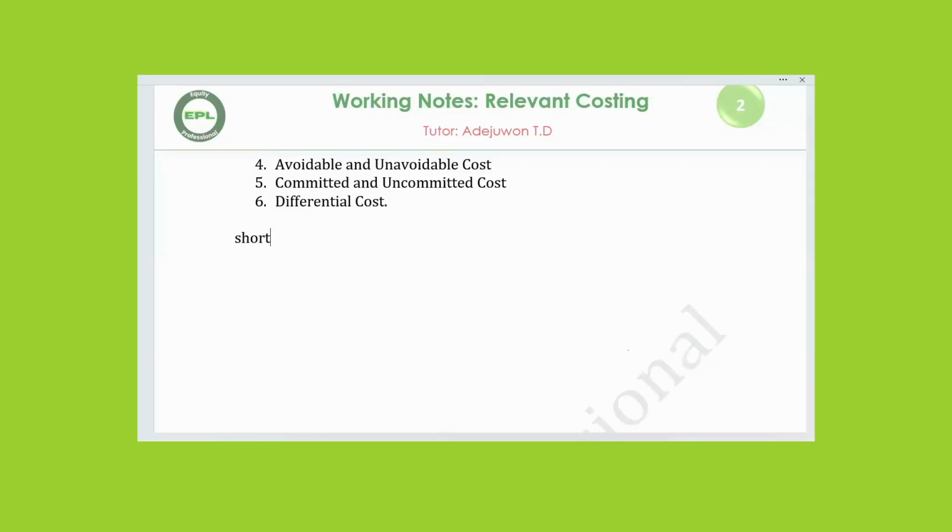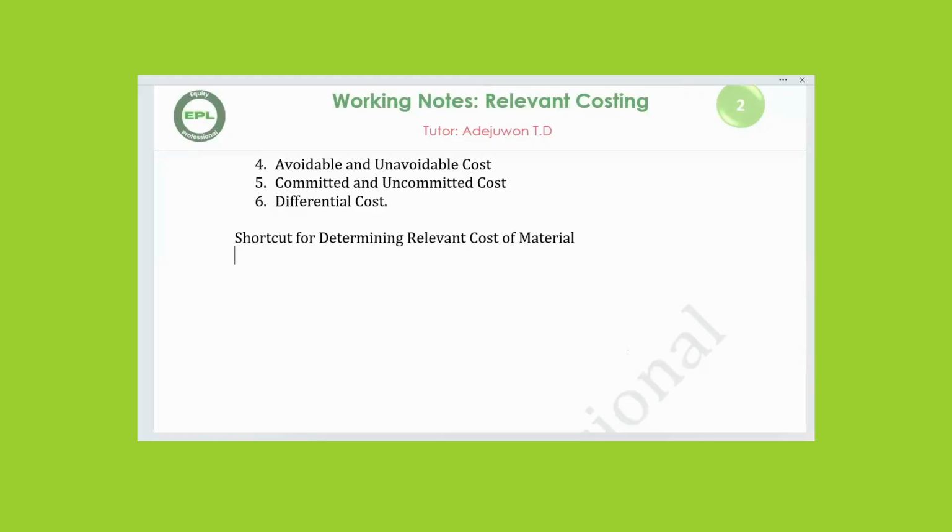Thanks. You are welcome. Let's discuss shortcuts for determining relevant costs of material. You have to pay attention to what we're about to discuss, because on the day of your exam you are going to be given a scenario. It could be a one-page question, it could be 2 pages, it could be more than 2 pages.